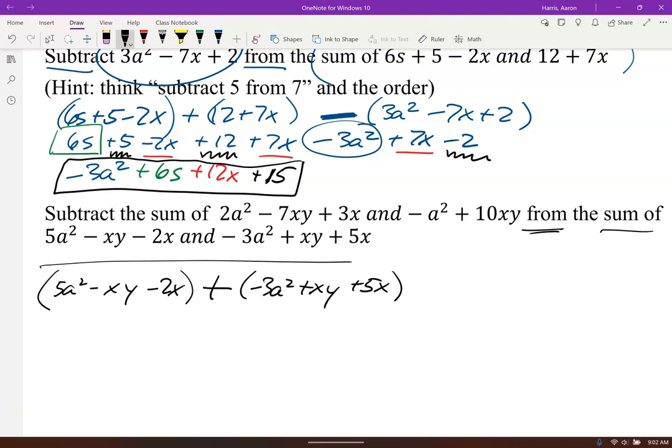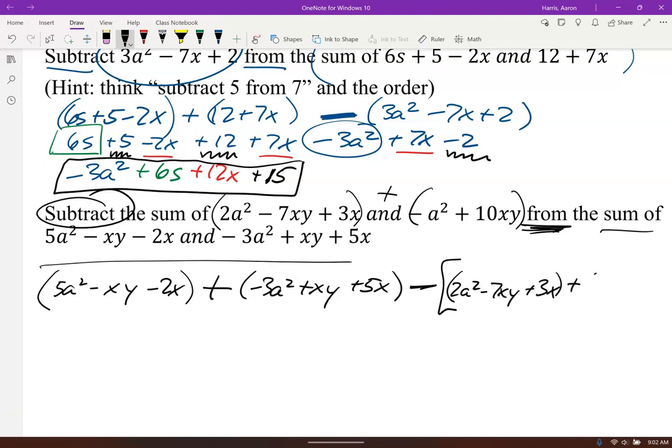And that is being subtracted from the sum of these two. So minus, now I'm going to put in the subtracting the sum of, so 2a squared minus 7xy plus 3x and negative a squared plus 10xy.